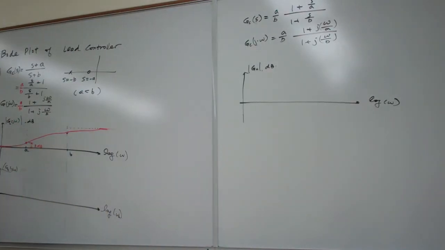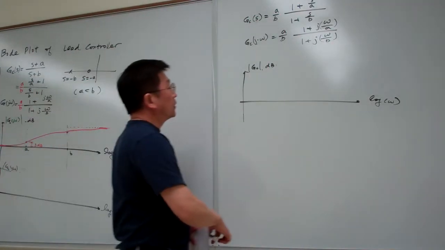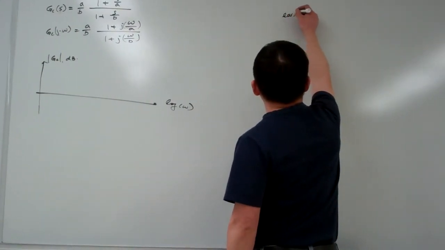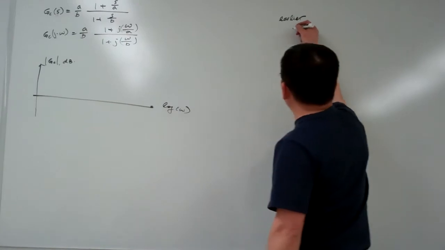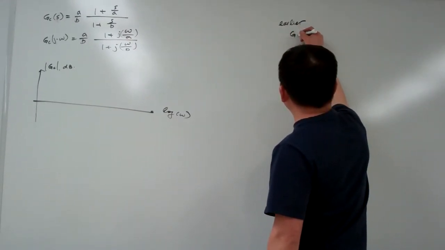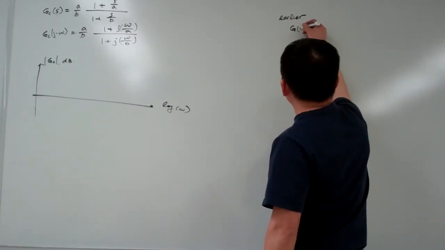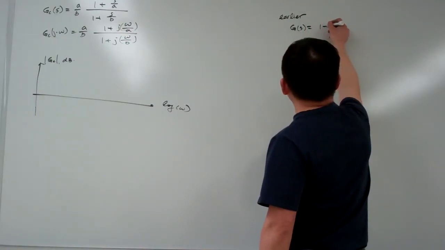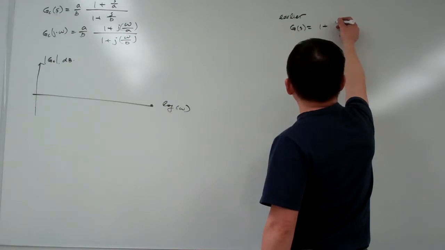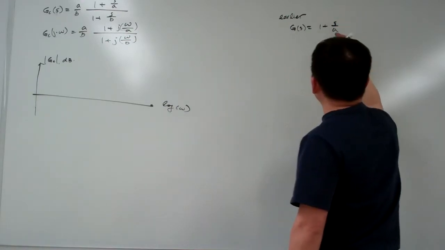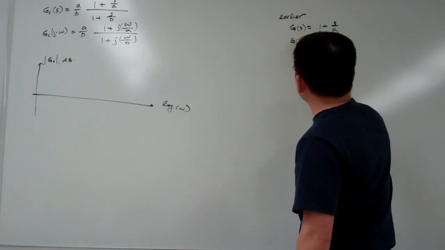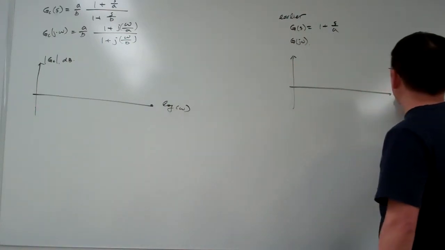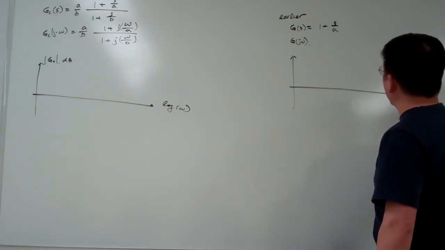If you remember our exercise of a single term, earlier we had the exercise of drawing G(s) equal to 1 plus s over A. We have drawn this G(j omega). If you have your notes ready, you can look at that one for log omega.